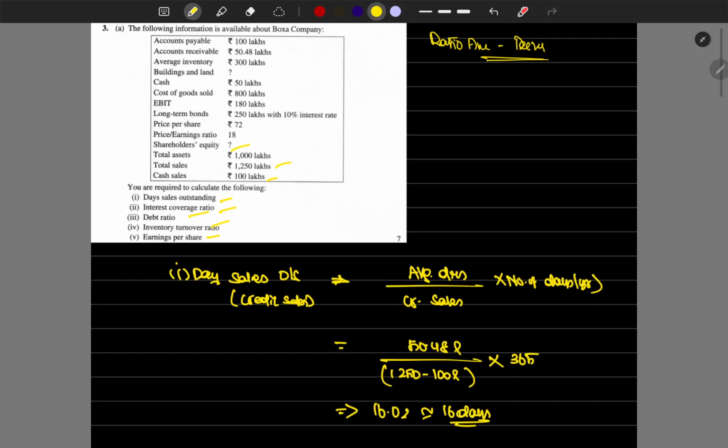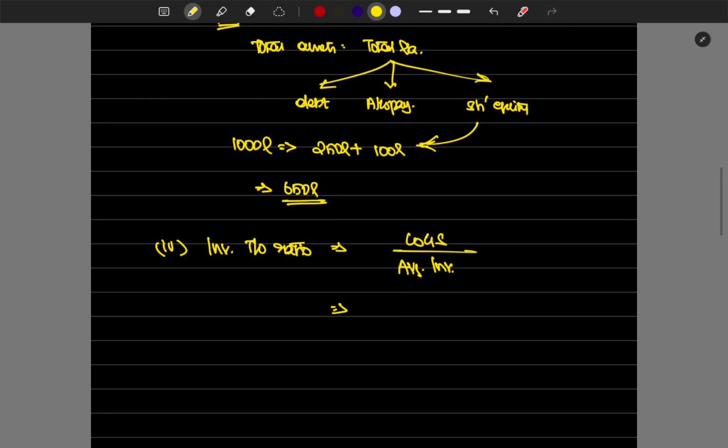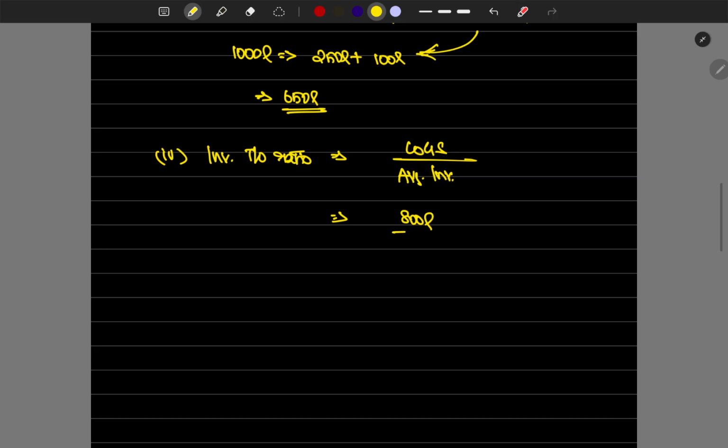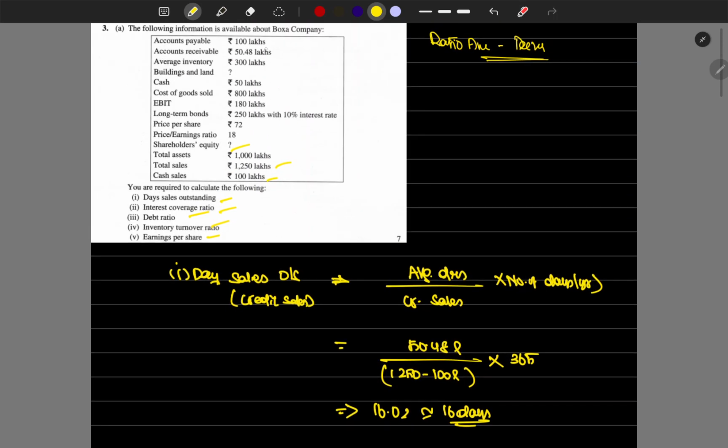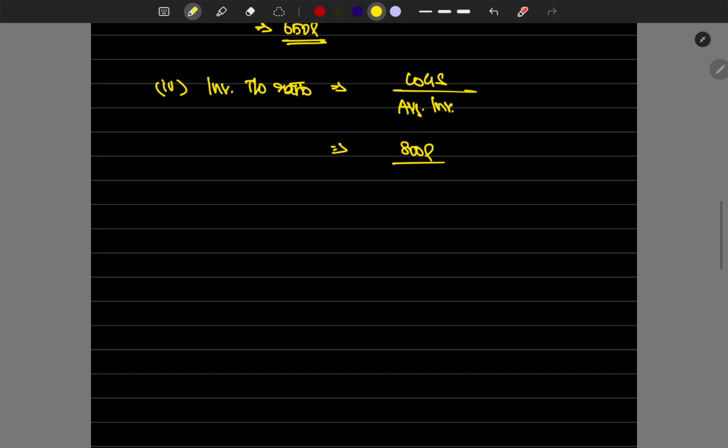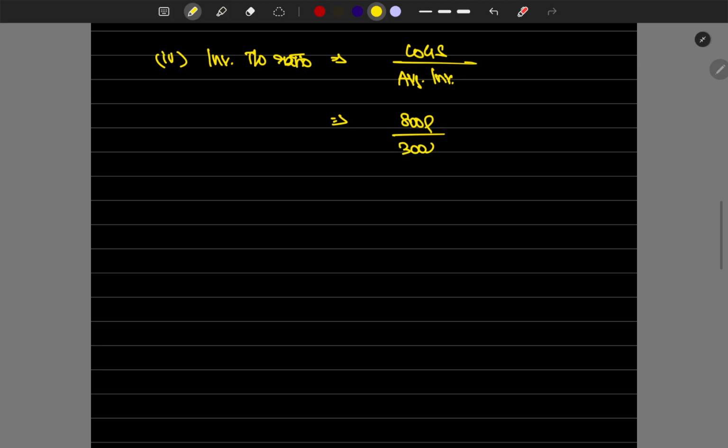Cost of goods sold is 800 lakhs, divided by the average inventory, which is 300 lakhs. 800 divided by 300 is 2.66 times. The average inventory covers the COGS 2.66 times.